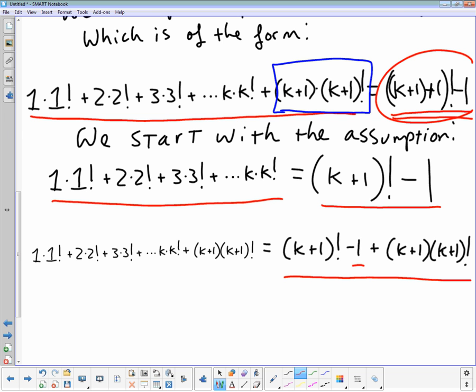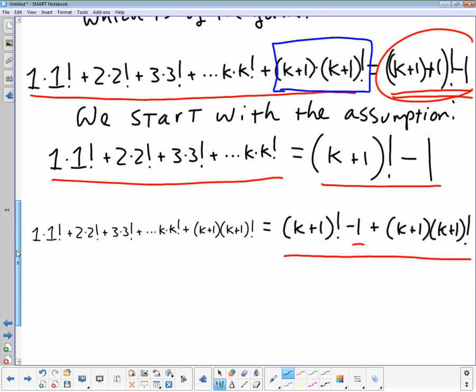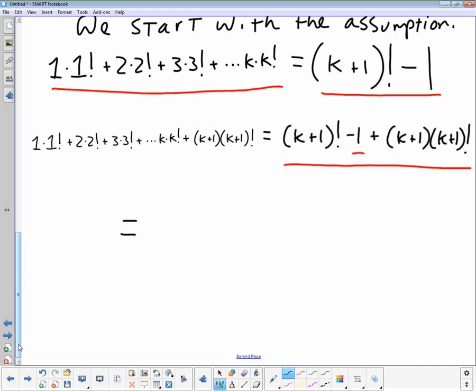So what I need to do is turn that k plus 1 factorial and that k plus 1 times k plus 1 factorial into k plus 2 factorial. Because if I can get to k plus 2 factorial, I'm done.